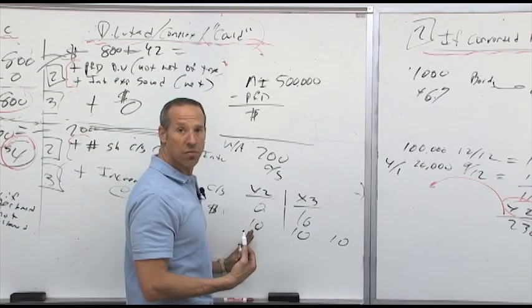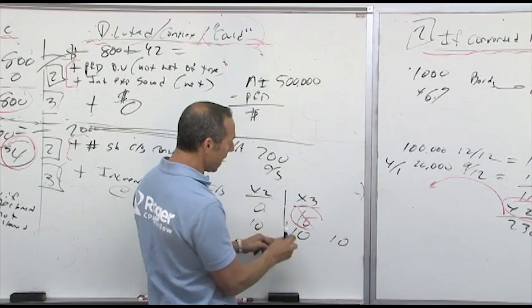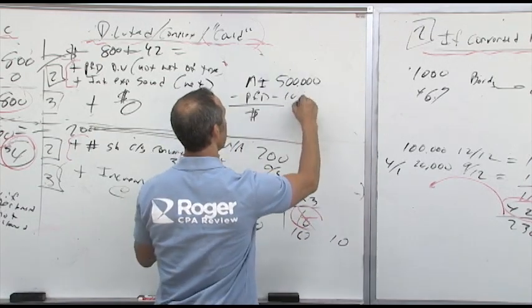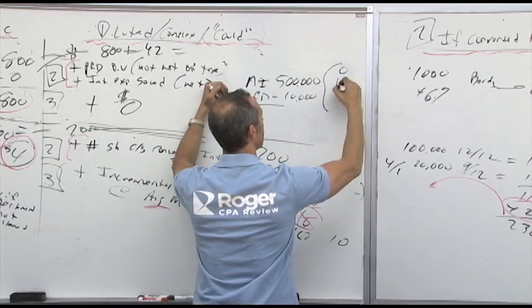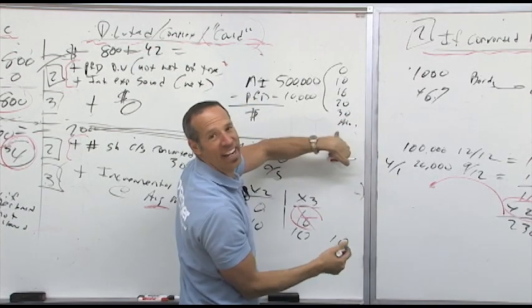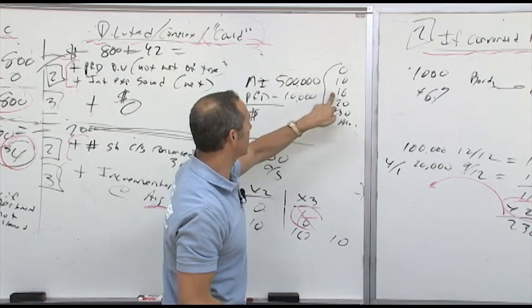So last year we should have taken out 10. This year what should we do? It doesn't matter how much you pay. It's what you would eventually owe. 10. So you need to take out 10. And here's where I like to confuse you. How much should I take out? 0, 10, 16, 20, 30, all of the above, right? 0, no, but it doesn't matter. 16 is what you paid.